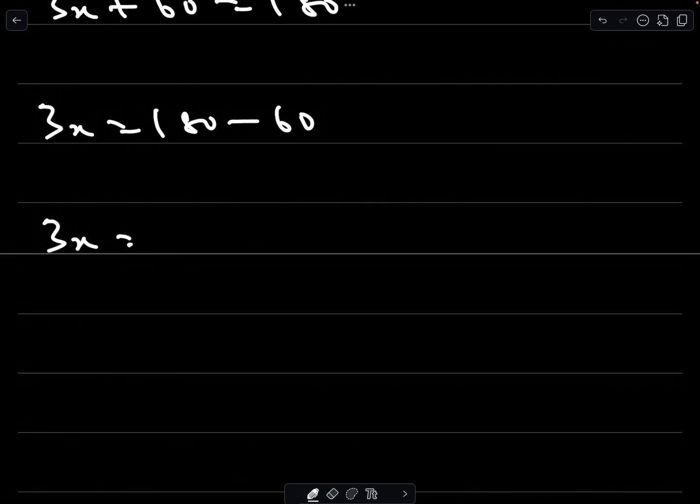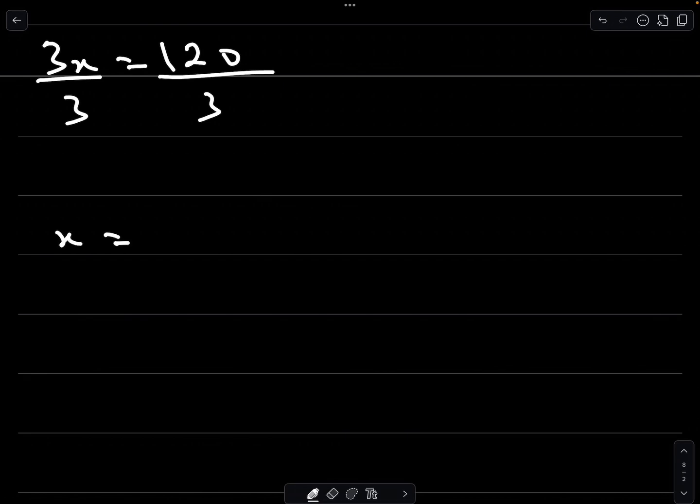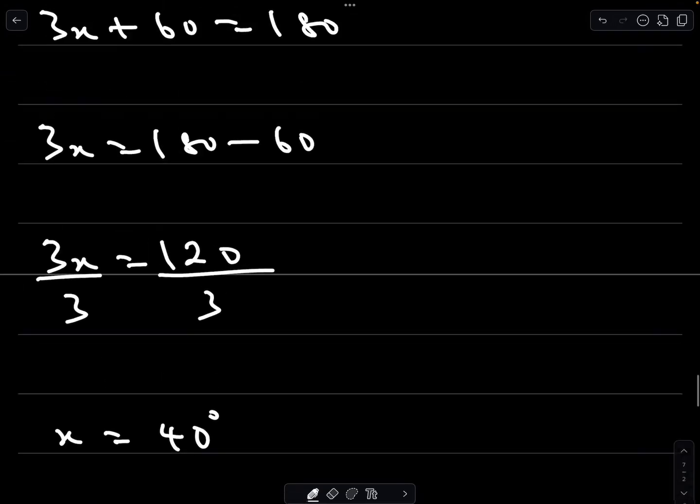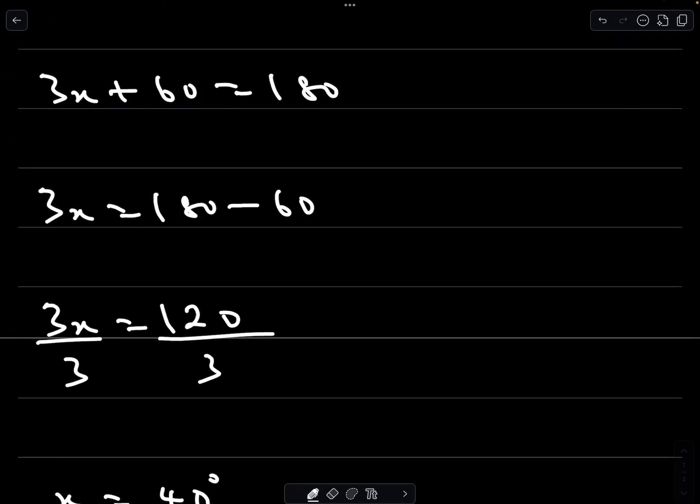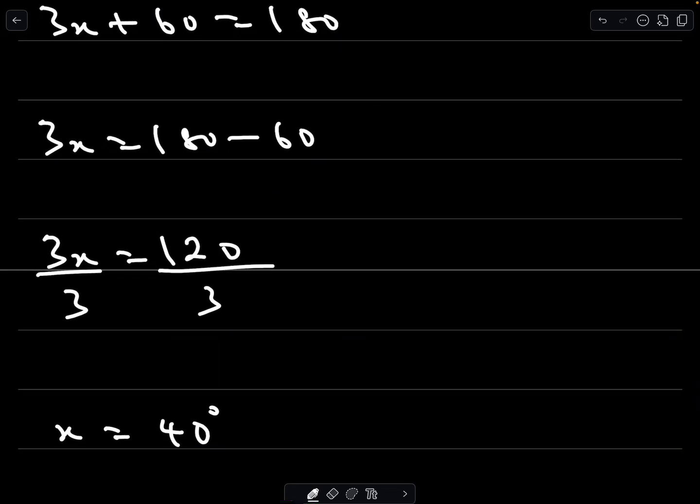And that means 3x equals 120. We divide through by 3, and that gives us x equals 40 degrees. And that's it. Very, very simple. X equals 40 degrees. And that's the last one. So you can't miss it if you remember all the rules and you are very careful.